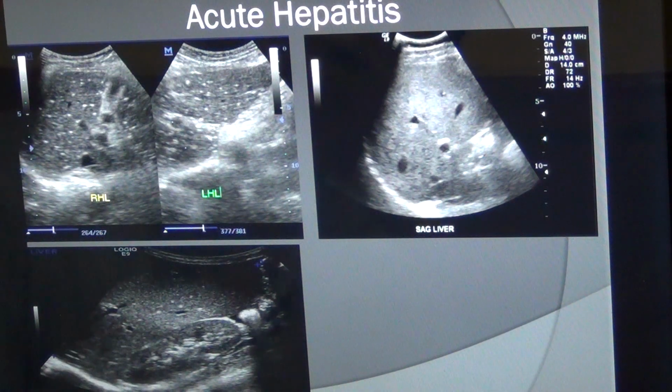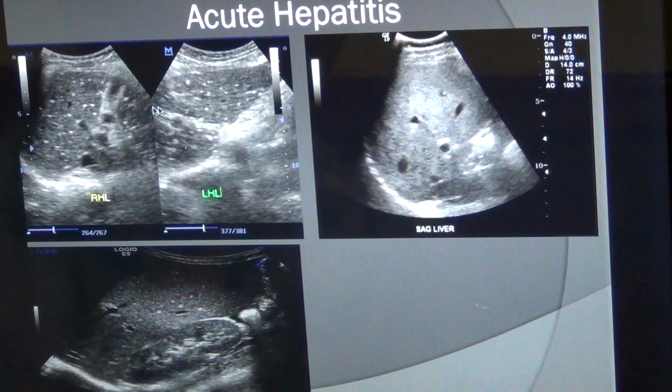If you see this type of feature in the liver, and the patient has all those symptoms, I have fever, I have jaundice, I have pain in the right side of my stomach, and urine is yellowish, and the liver function tests are abnormal, then you can diagnose with this view that it looks like acute hepatitis.